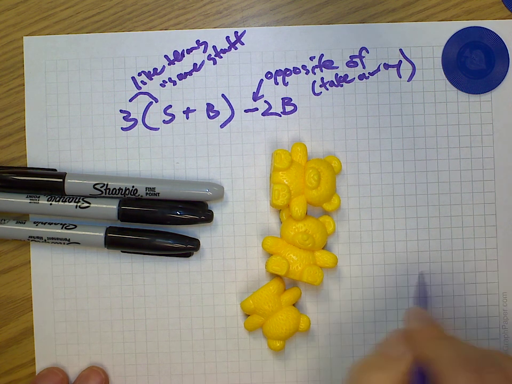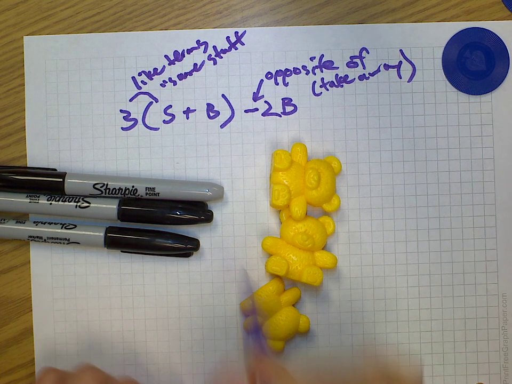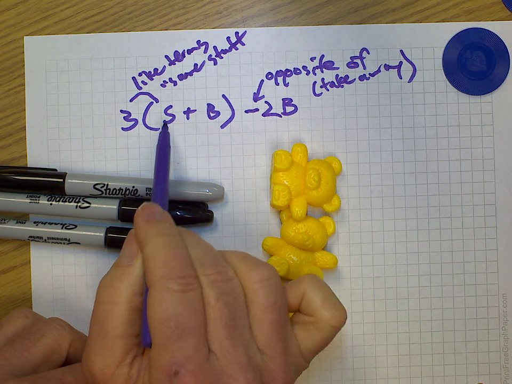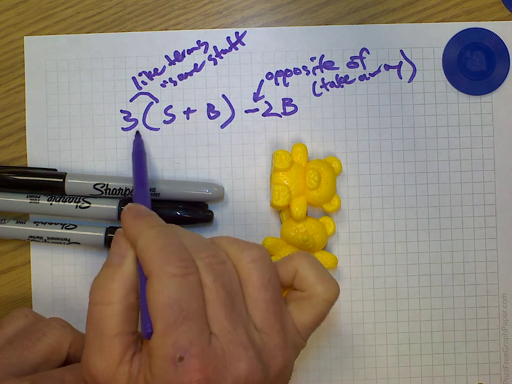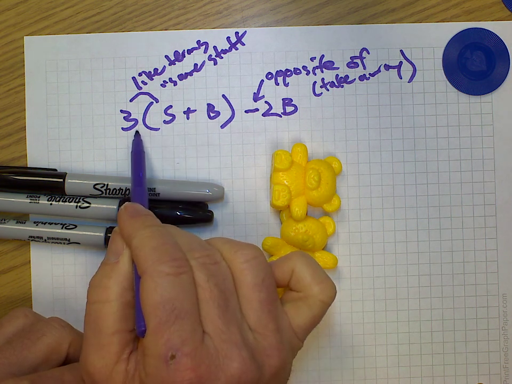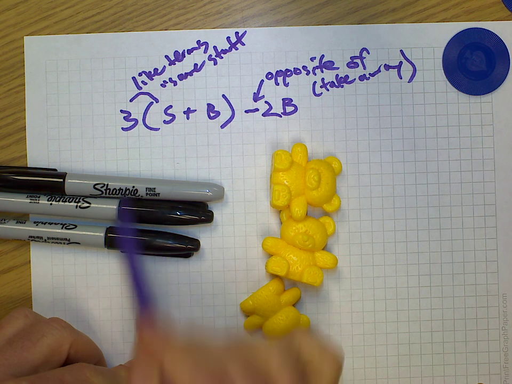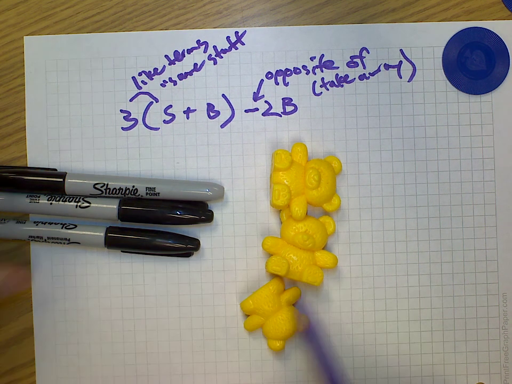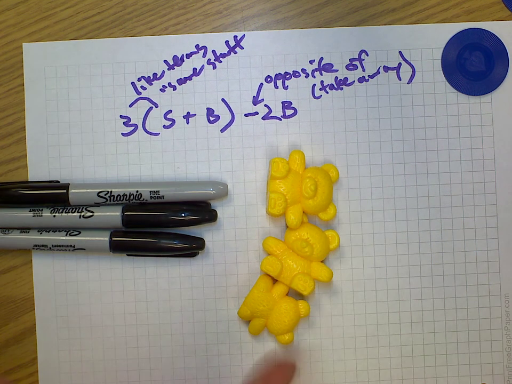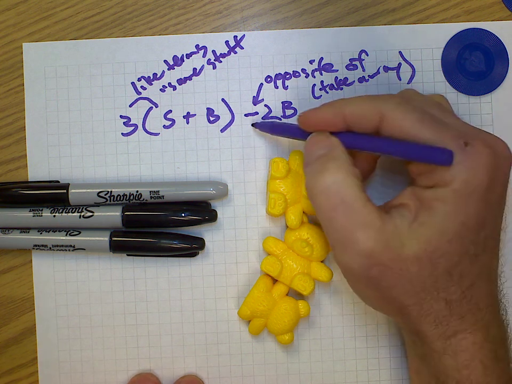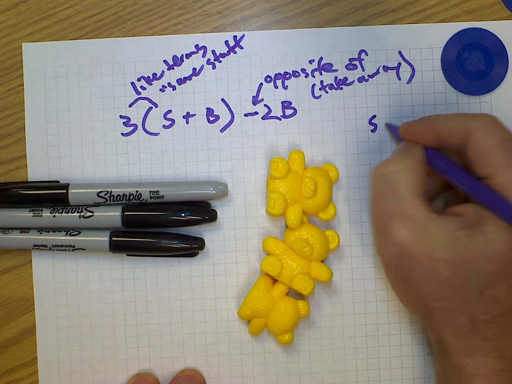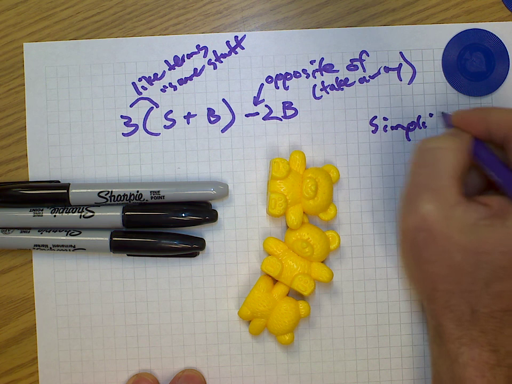You saw me slide those 2 bears off to the side. We'll get to that. But I took this group of a Sharpie and a bear, and I distributed the 3, right? 3 is a factor because there's 3 of each of them. Now I have 3 Sharpies and 3 bears. It's the same stuff. It's just organized in a different way, which now I can say, is this simplified?